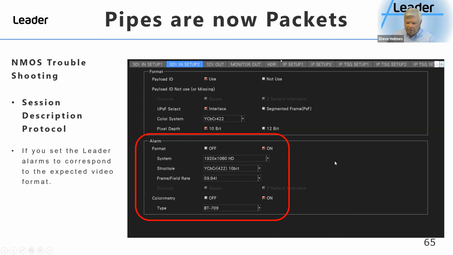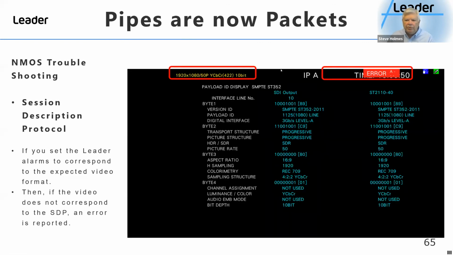But if within your facility you are 1080i or 720, and that's what you always expect, you can turn on this alarming feature. And if something else comes up, we will let you know. And again, you can look at what the differences are between these two and see why you have this error and what's not correct in this.